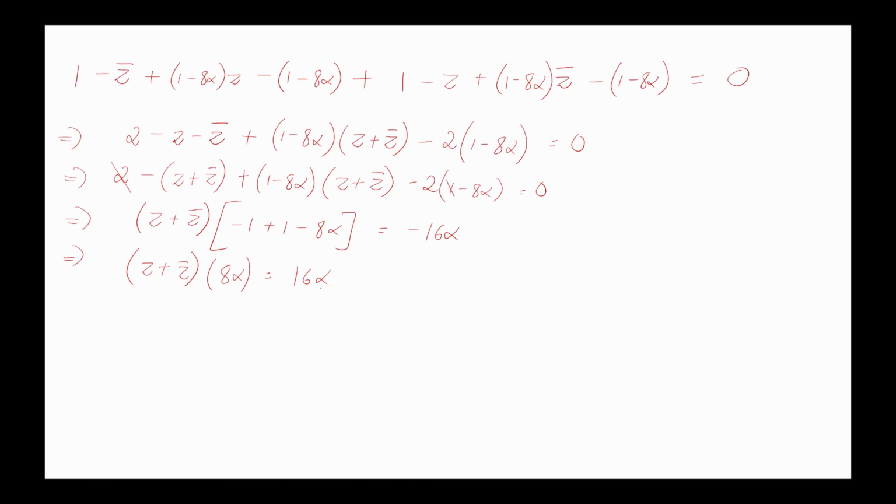Now I can cancel alpha provided that I assume that alpha is not equal to 0. Now what are the cases in which this equation would become satisfied? Firstly, if z plus z bar becomes equal to 2, that means this equation would be satisfied. I would have 2 into 8 alpha, which would make it 16 alpha, right?